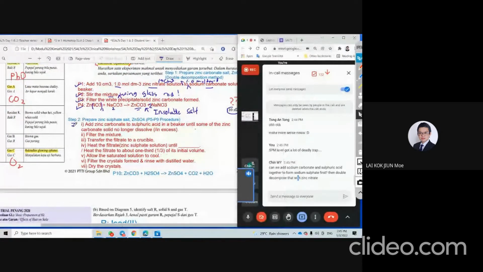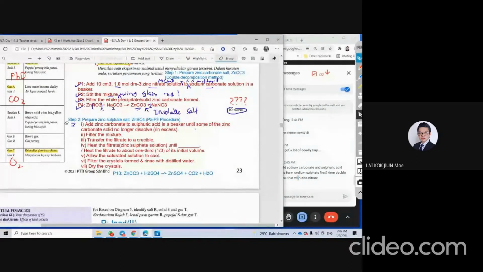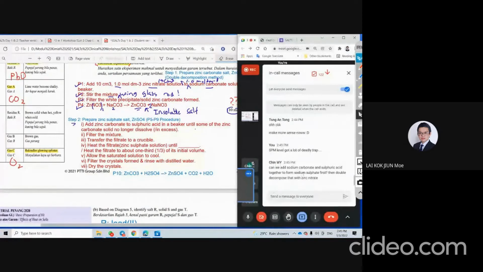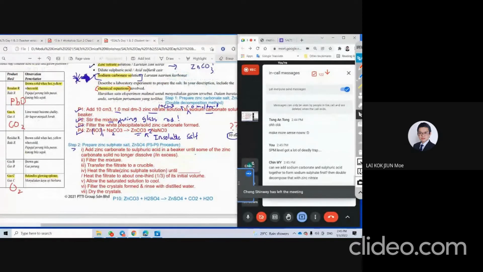Okay, so we continue here. You will add the zinc carbonate. Can we add sodium carbonate with sulfuric acid first? You get sodium sulfate already.